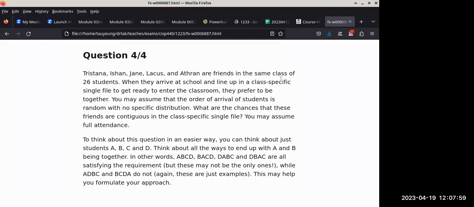So if we only have 4 students, then A, B, C, D is one way to arrange the 4 people with A and B being together, B, A, C, D, B, A, C, D, and so on, while A, C, B, D and B, C, D, A do not, because in those cases A and B are not together. This may help you formulate your approach.